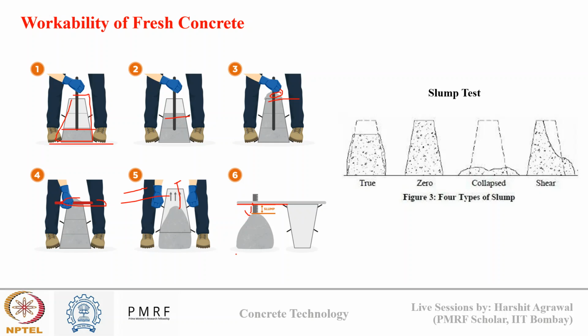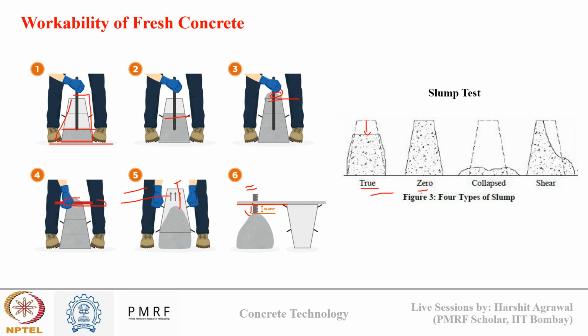Now this collapse of concrete that is shown in step 6 can be of different nature. My slump is said to be true slump if there is only vertical deviation in concrete and no horizontal deviation. This is known as true slump.